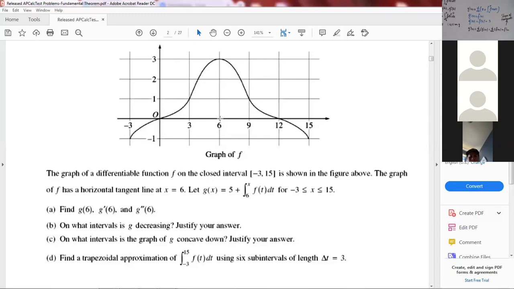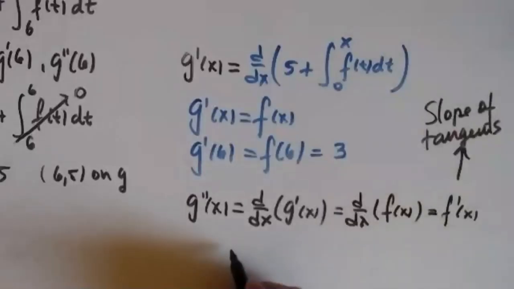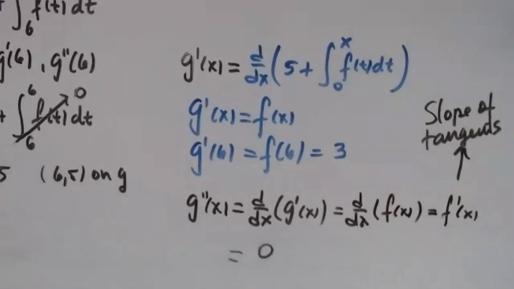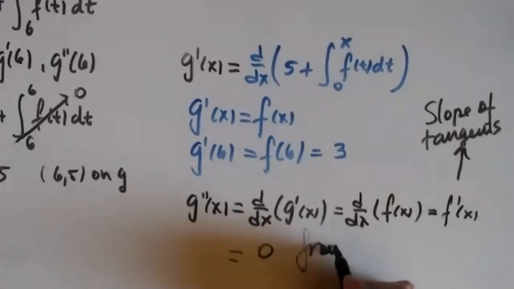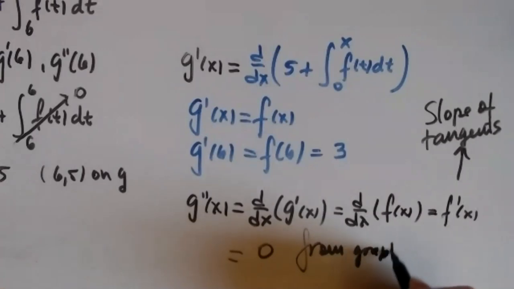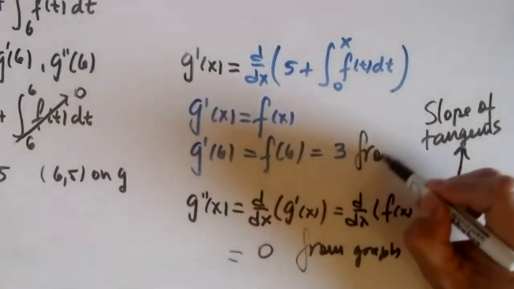And what is the slope of the tangent line at 6? 0. Correct. That's very simple. It is even given right here: f has a horizontal tangent at x equals 6. So my answer is very simple. From the graph it is 0, right? From the graph.